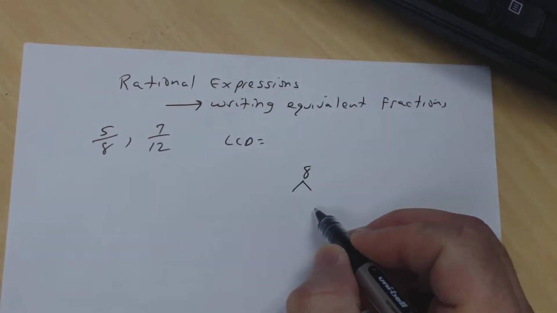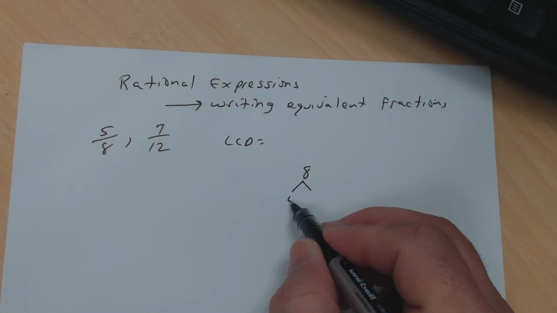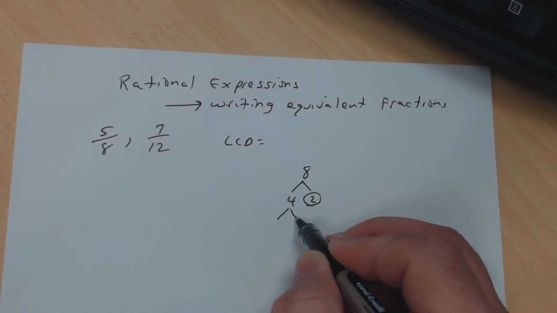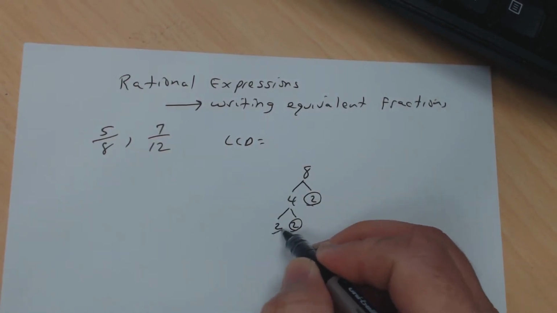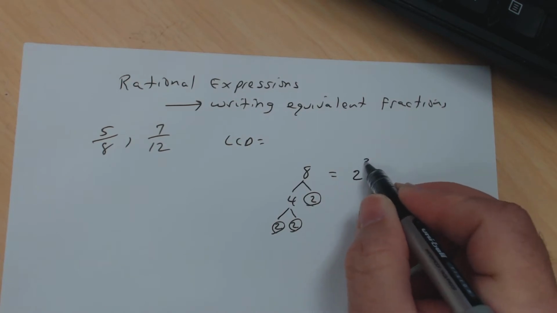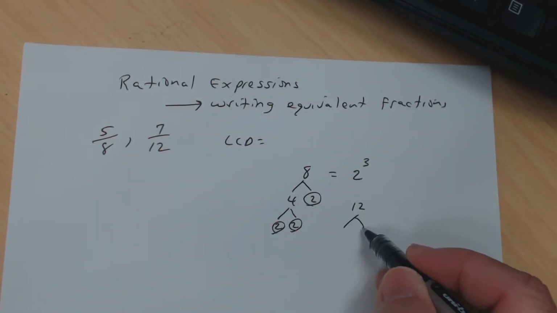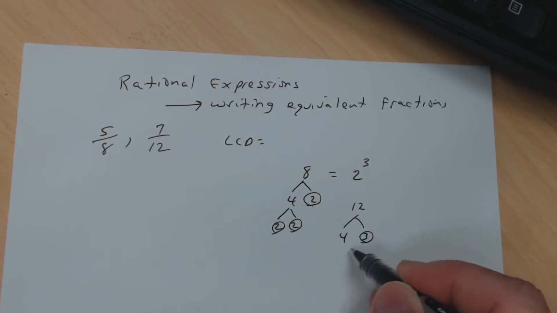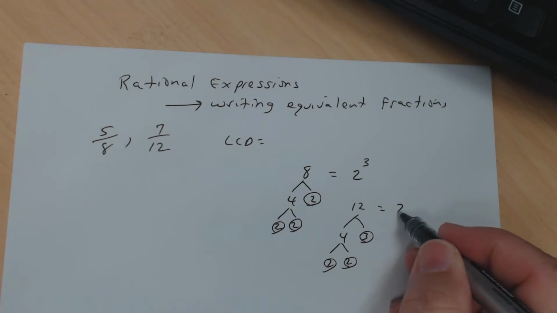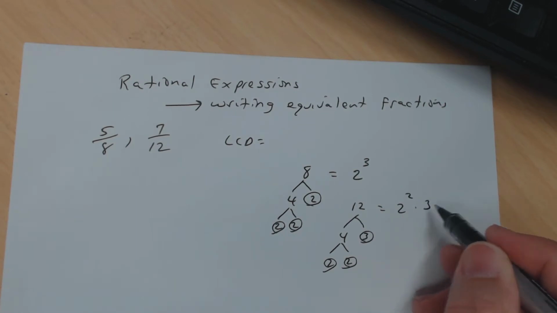Remember we talked about the factor tree. 8 is 4 times 2, 2 is prime, 4 is 2 times 2, and so 8 is 2 to the third power. And 12 would be 4 times 3, 3 is prime, 4 is 2 times 2, and so this is 2 squared times 3.